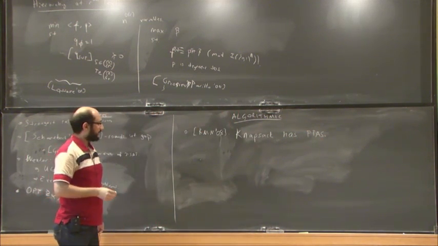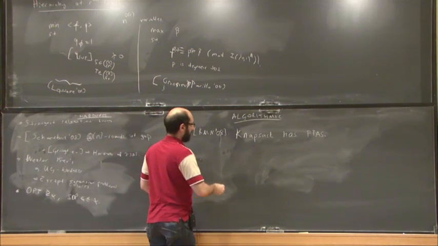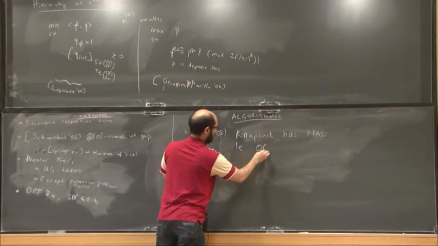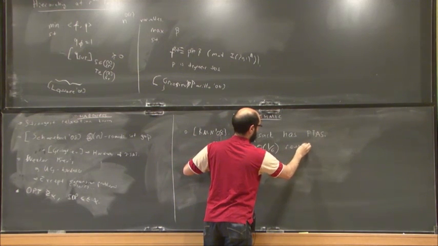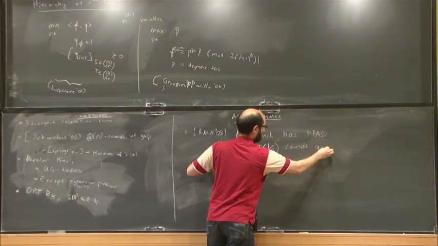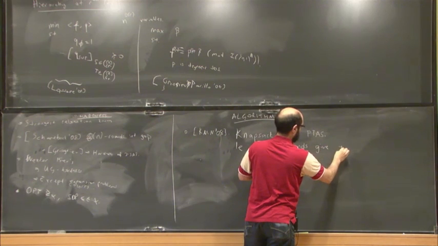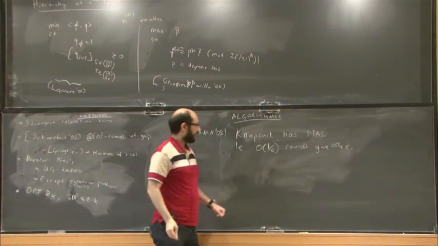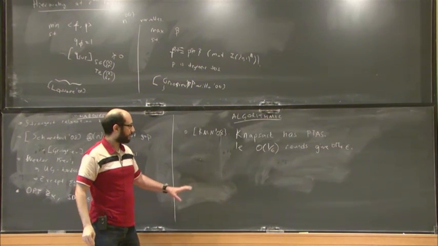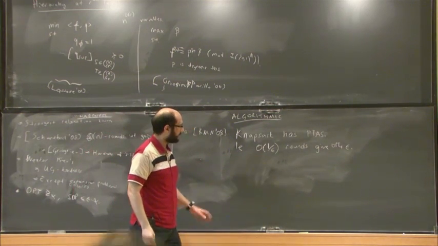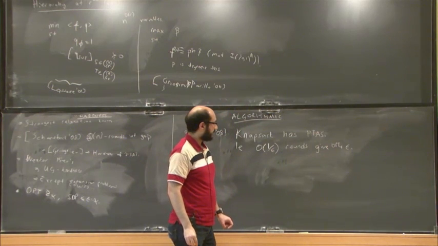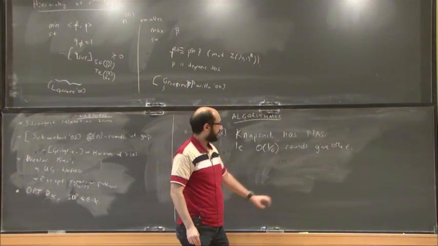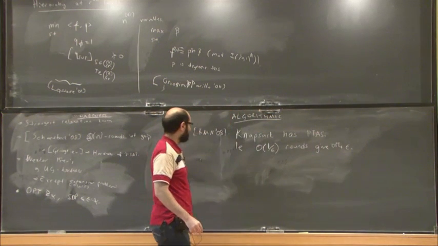When we are looking at 1 over epsilon rounds, then the integrality gap is basically at most an additive epsilon factor.